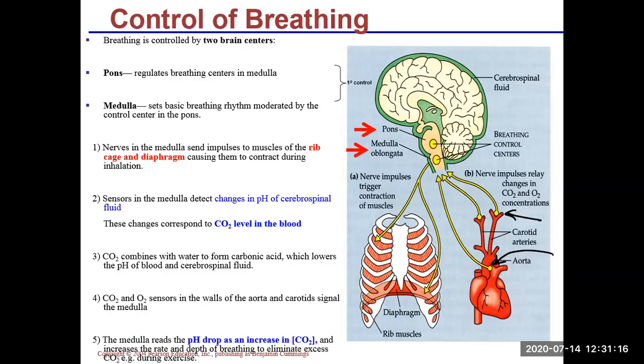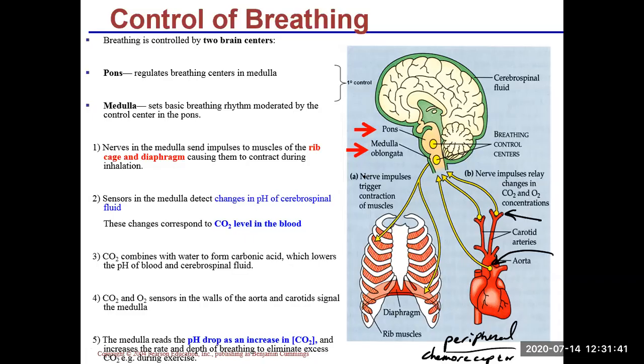What do they sense? Well, before I talk to you about that, there is another type. Now these are called peripheral chemoreceptors. Why is it called peripheral? It's called peripheral because it's outside of the central nervous system.